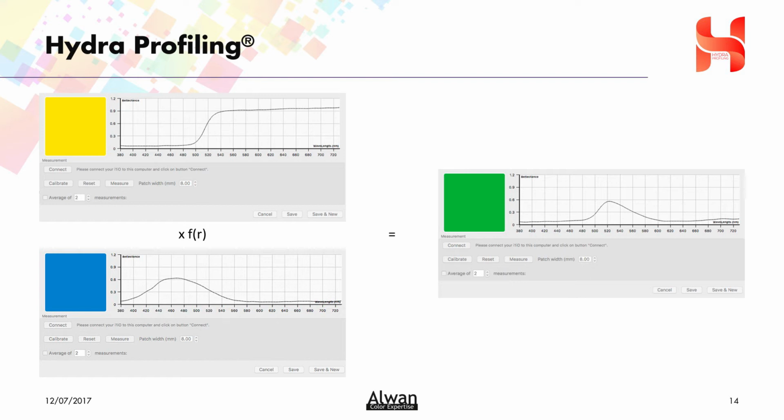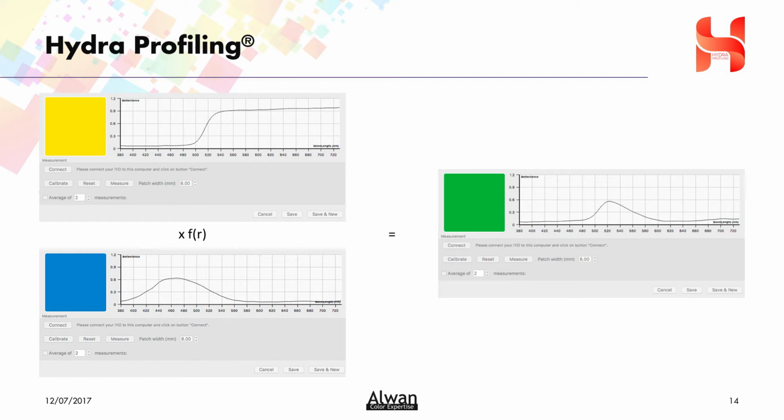This is a very simple example where you can see printed patches of yellow and blue. These are two colors from the Alwan 40 patches control strip. When we want to calculate the green, there is no interpolation as we saw with the mathematical interpolation. Here we are multiplying the spectral curve with a specific function.